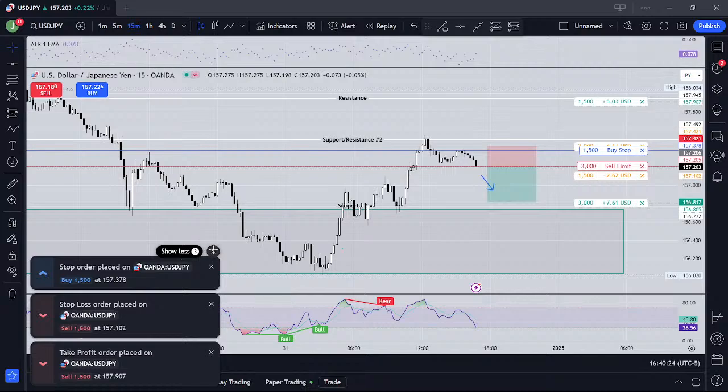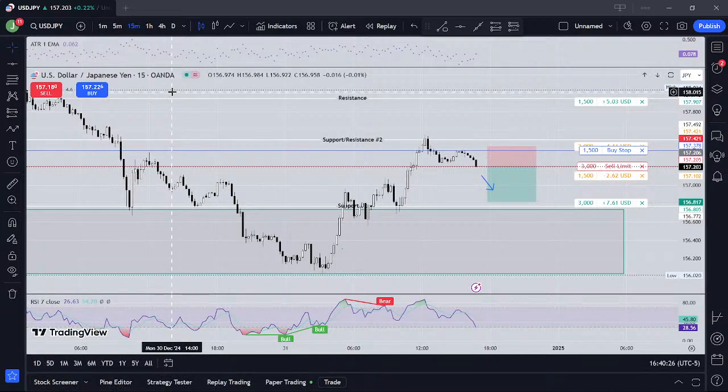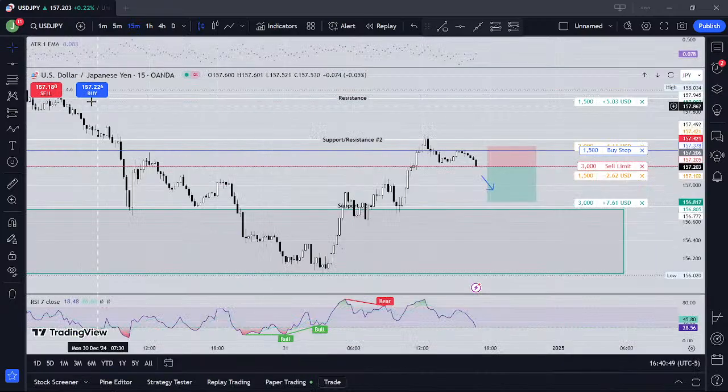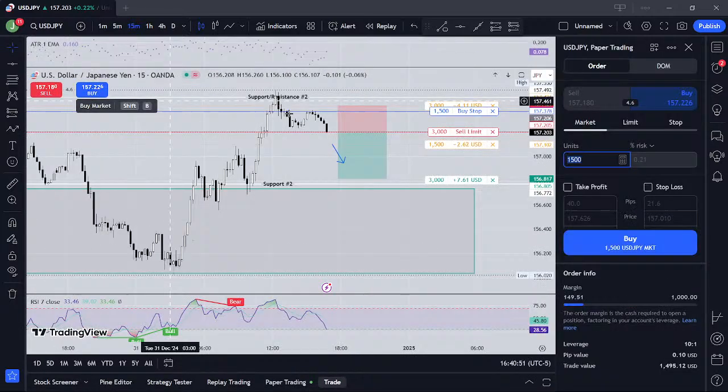I'm going to see my margin. I want to see how much I can put in.